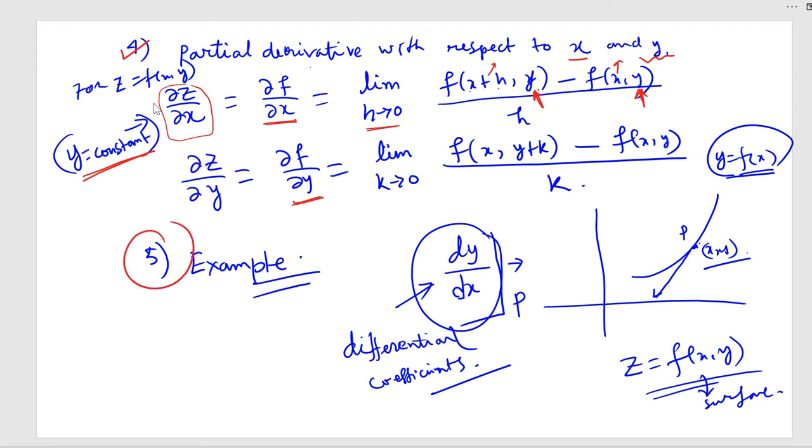If you try to recall, for an ordinary derivative, what we have seen is that it represents the rate of change, or the slope of the tangent at a given point P. Here, these are nothing but the slope of the tangent along the x-axis, if you draw the curve after fixing y.